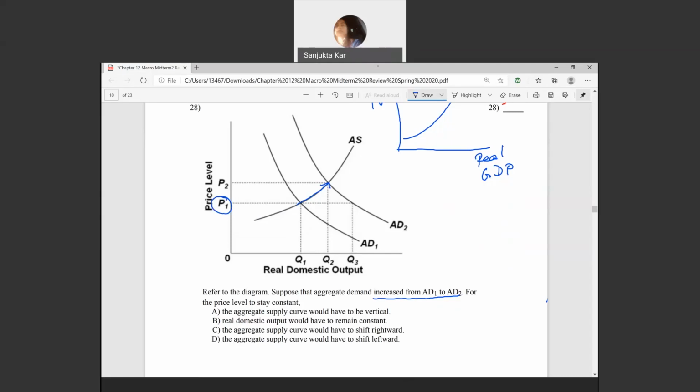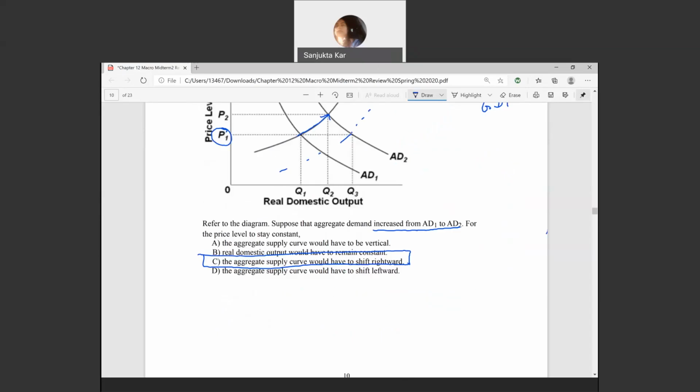I would say for this to stay the same here, the aggregate supply curve has got to shift to the right from AS1 to AS2. Alrighty, that was 28 here.